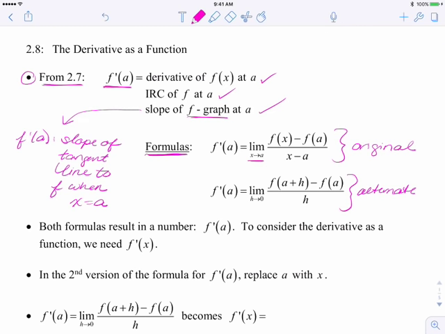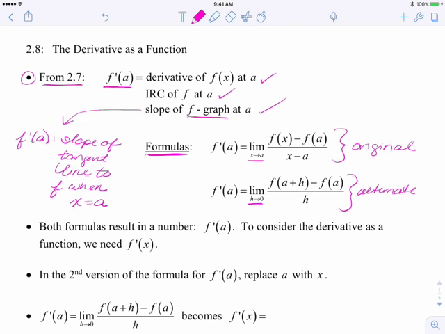So starting from a, going h, the x coordinate of Q was a plus h, and the y coordinate was f of the quantity a plus h. So instead of having x approach a, the slope of the secant line's behavior is described as what's happening to it as h, the horizontal distance between the x coordinates, is heading to 0.